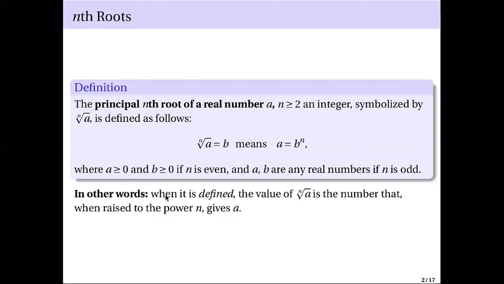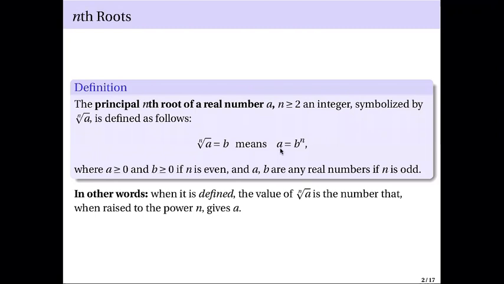Okay, so when this is defined, the value of the nth root of a is the number that, when raised to power n, gives a. So the nth root of a is a number, say the number b, such that when you raise b to power n, it gives you a.